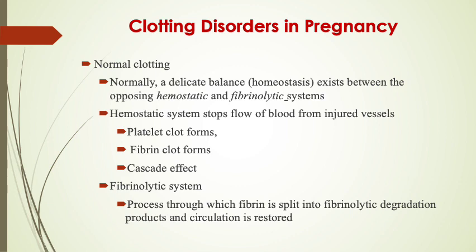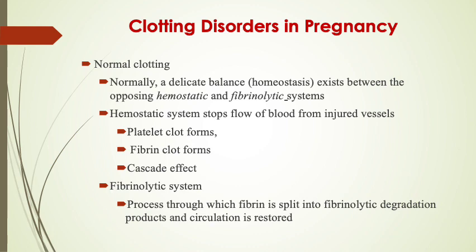So our body loves homeostasis. We also have a hemostatic system, and the role of this hemostatic system is to stop the flow of blood from an injured vessel. So when there is an injured vessel, the hemostatic system will come into play. It will stop the flow of blood from that injured vessel.